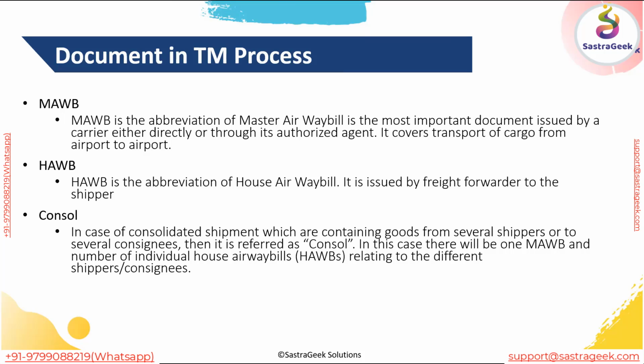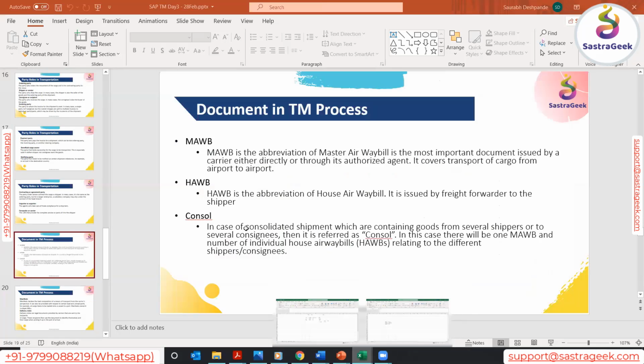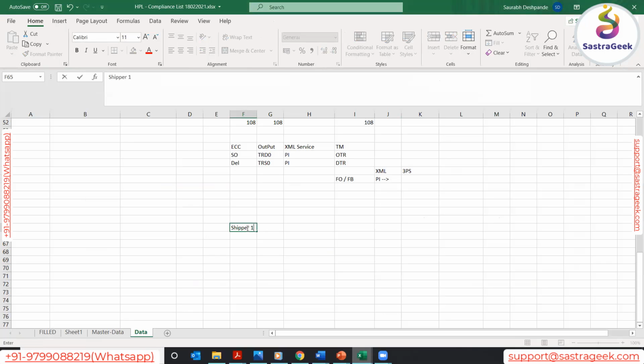So I wanted to explain this in more detail. Let me explain first, and then you can shoot your questions. I'll go back to that one example that there is shipper 1, shipper 2, shipper 3. They are utilizing LCL, LCL, LCL, and they are utilizing the service of, say, any freight forwarder.